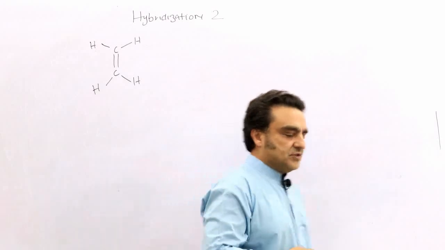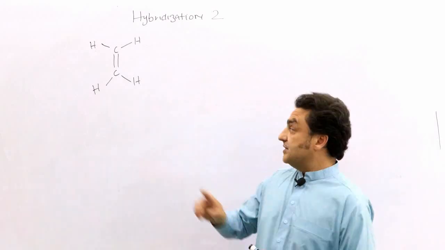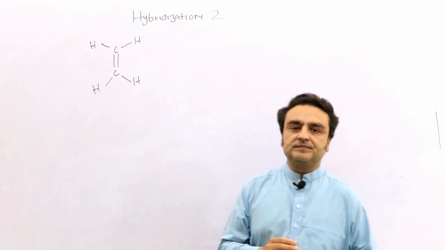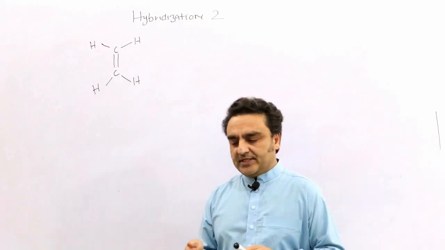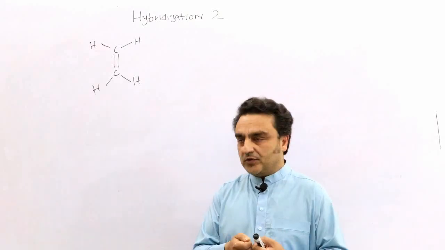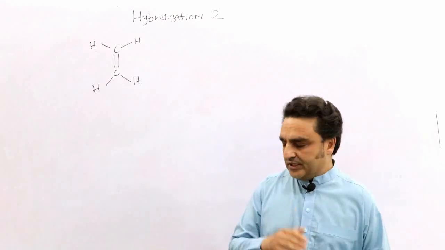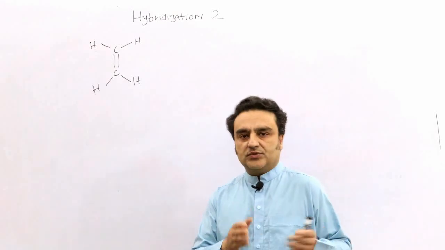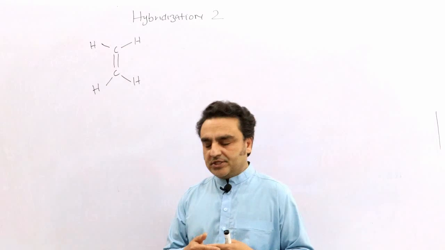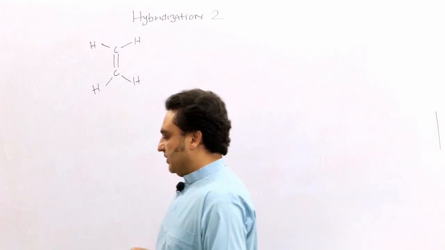The questions asked were: what is the hybridization of this carbon, and of course after hybridization what will be the geometry of the molecule. It doesn't have any lone pair or non-bonding electrons, so the third part of the question doesn't apply to this molecule.